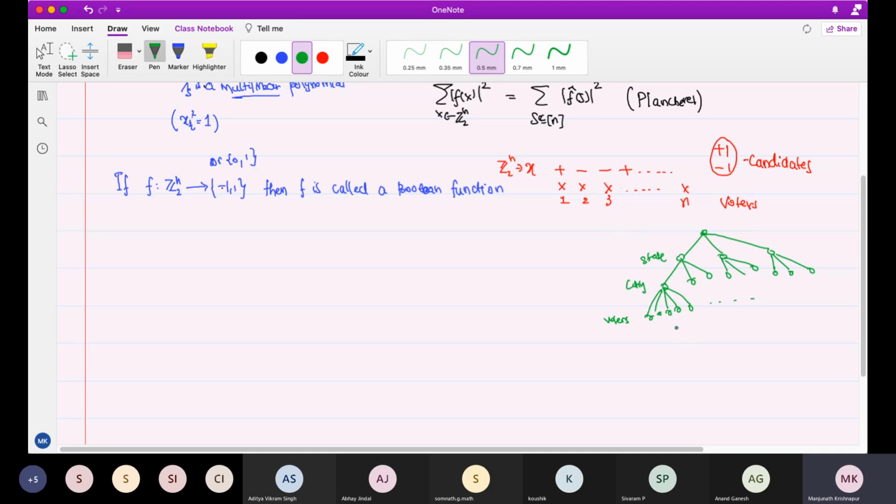But instead of taking a direct majority of all the voters in the country, the way it will be decided is, suppose these 5 voters vote like this, then the city is voting plus, because you take the majority of the voters in the city. Maybe another city, you take the majority within that, and that city will decide minus, and so on. Now look at the 3 cities in the state. Maybe 2 cities vote minus and 1 city votes plus. Then this will be a minus.